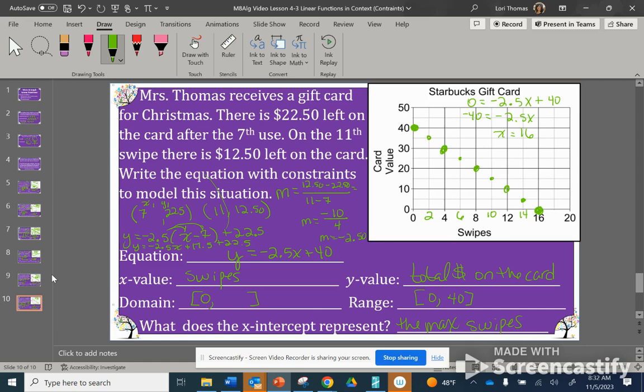Now let's convert this slope-intercept into standard form. Again, standard form is Ax plus By equals C. So I'm going to add 2.5x to both sides. And then 2.5, we need that to be an integer.